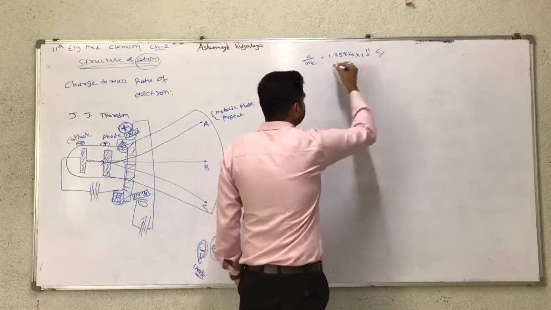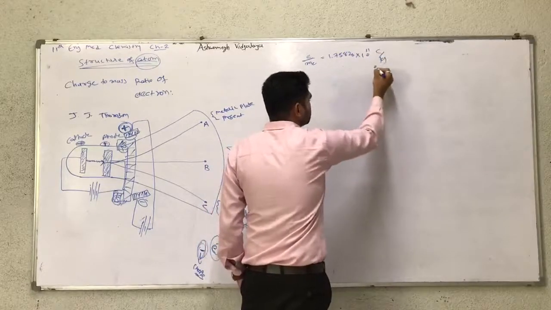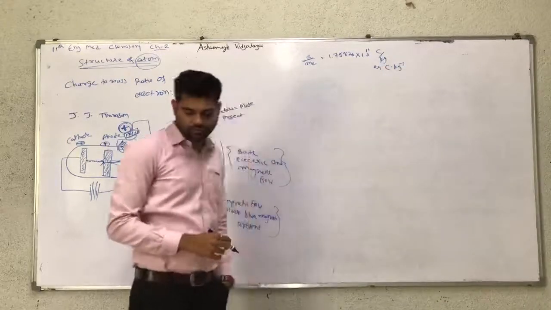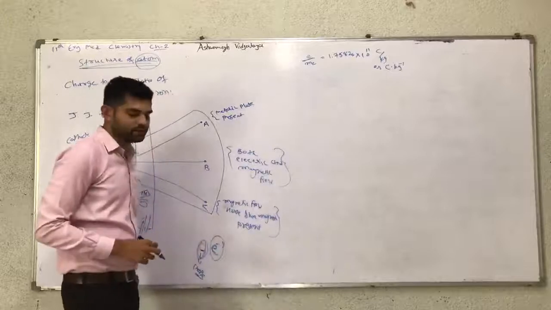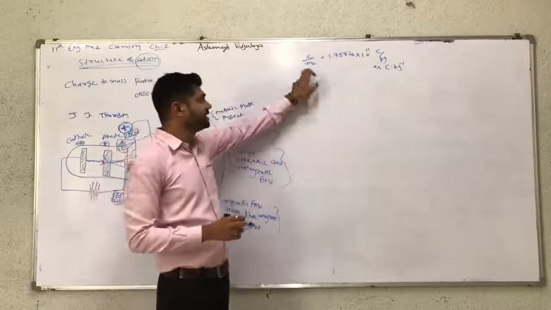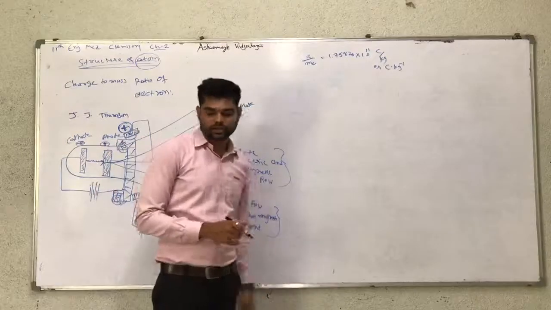The unit of charge is coulomb and of mass is kg, so the unit is coulomb per kg. This is the value of the ratio of charge of electron to mass of electron.